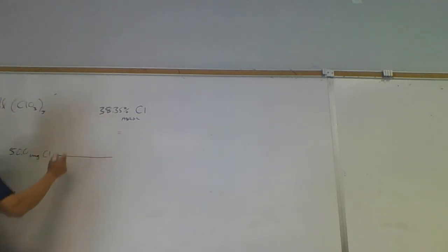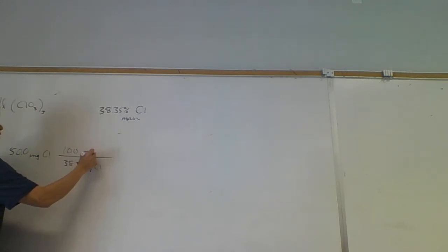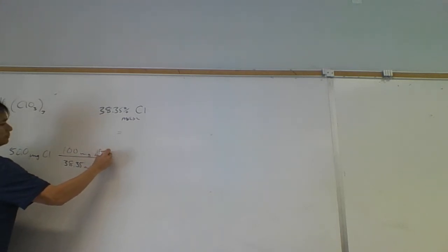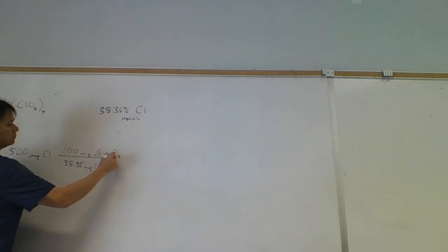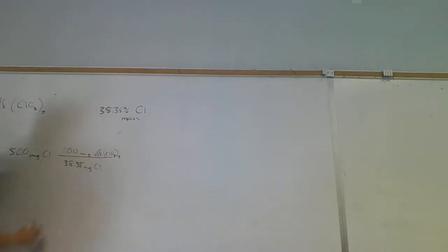And so we're just going to use this. It's going to be 38.35 milligrams of chlorine for every 100 milligrams of aluminum chlorate. The milligrams of chlorine, this pure chlorine, cancel, that leaves us with milligrams of aluminum chlorate.